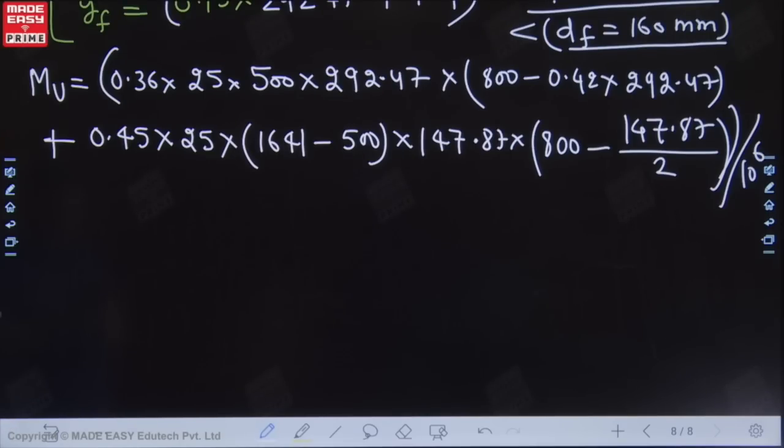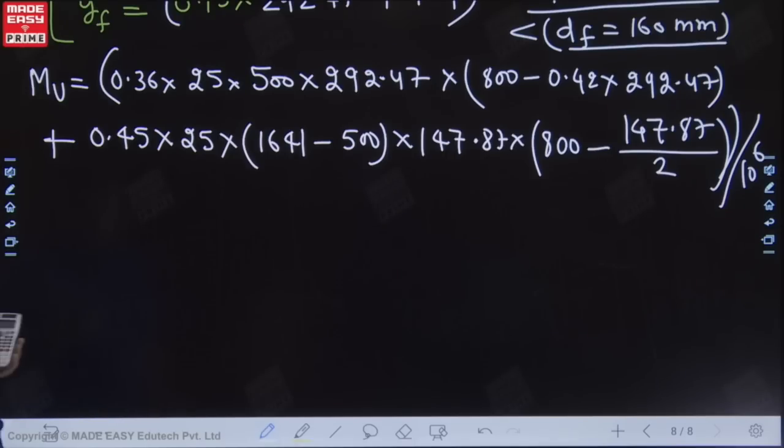I will calculate the value: 0.36 into 25 into 500 into 292.47 into 800 minus 0.42 into 292.47, plus 0.45 into 25 into 1641 minus 500 into 147.87 into 800 minus 147.87 divided by 2, divided by 10 to the power 6.